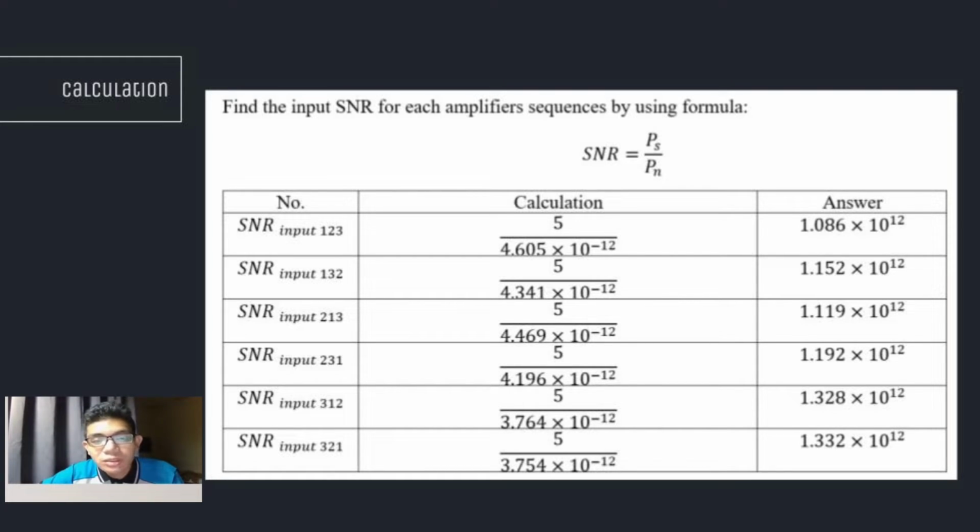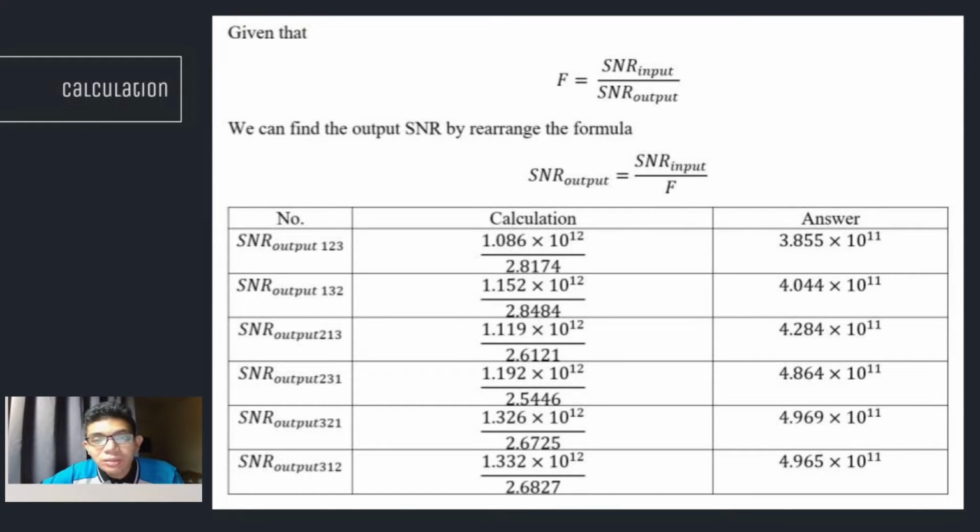As you can see, the reference temperature is 290, while the environmental temperature depends on the temperature of each chamber. So this is the noise figure for each chamber, which is 2.2069 for chamber number 1, 2.0345 for chamber number 2, while chamber number 3 is 2.5517.